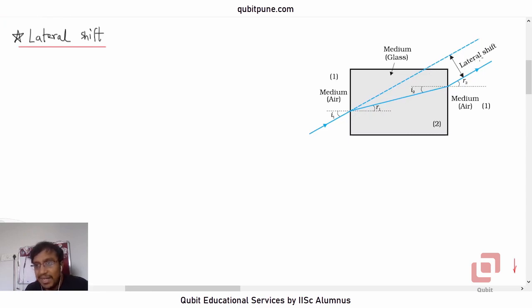That shift is called lateral shift. The emergent ray and the incident ray are parallel to each other, but they appear to be shifted. Using geometry and equations of lines, the distance between two parallel lines, you can easily determine the lateral shift if you know the dimensions of the box.